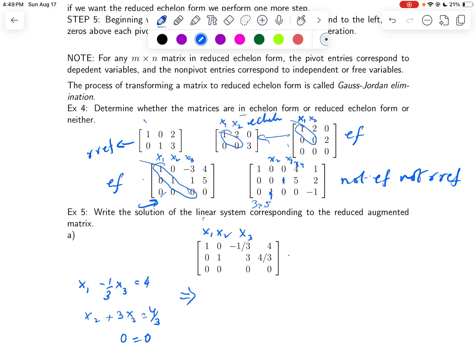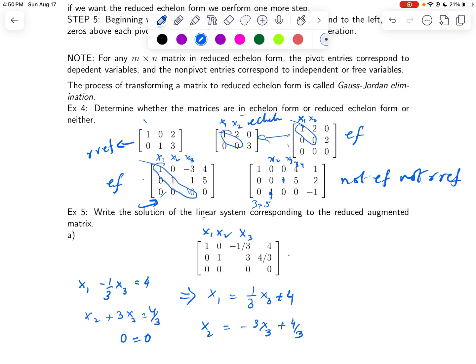So from the first equation, I can write x1 is equal to 1/3 x3 plus 4. And second one, I can write x2 equals negative 3x3 plus 4 over 3.